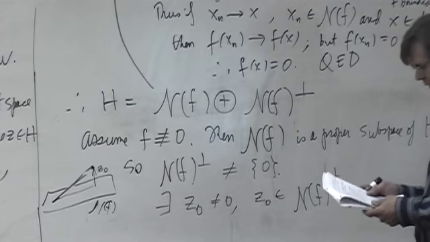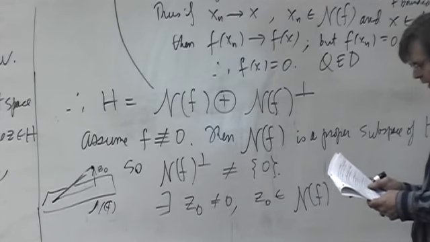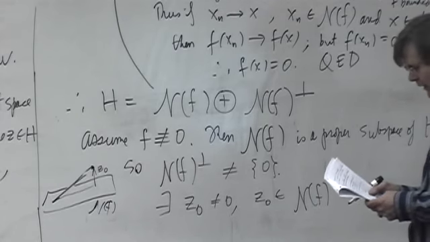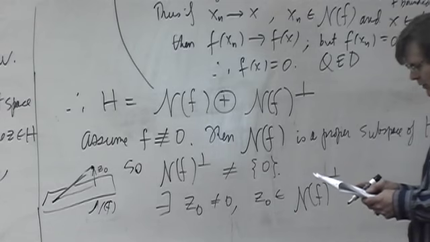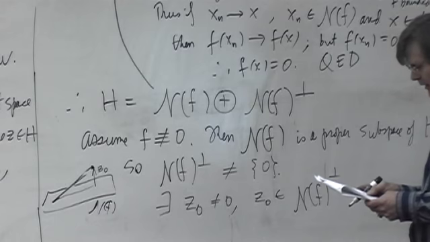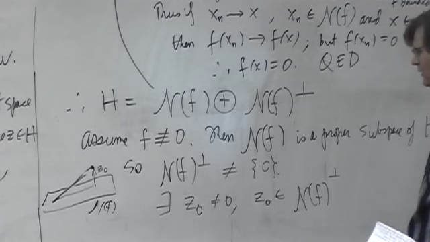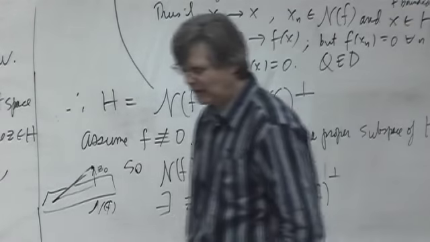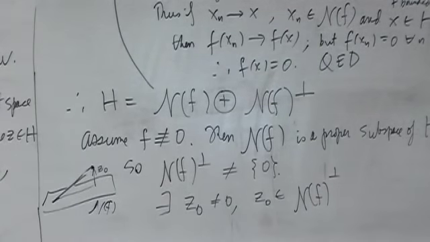So what am I going to do with that? Here's the trick. The trick is to write a general element of the null space in terms of any x. For any x in the Hilbert space, I'm going to generate an element of the null space.